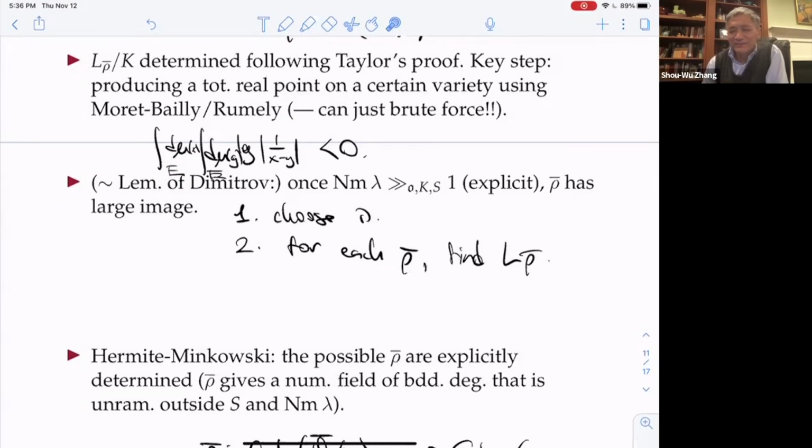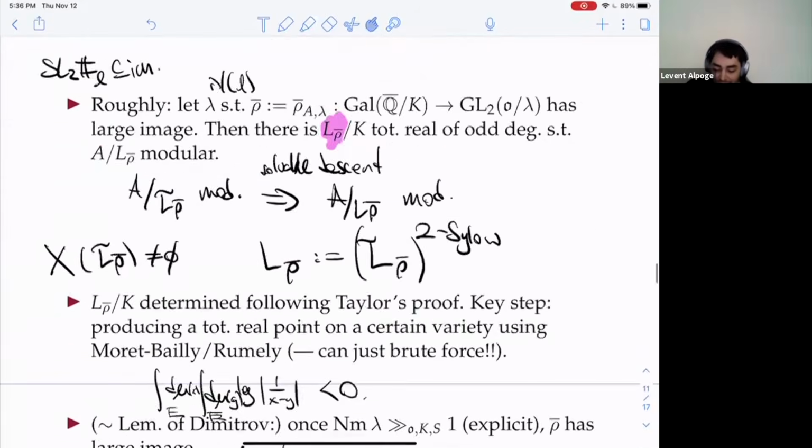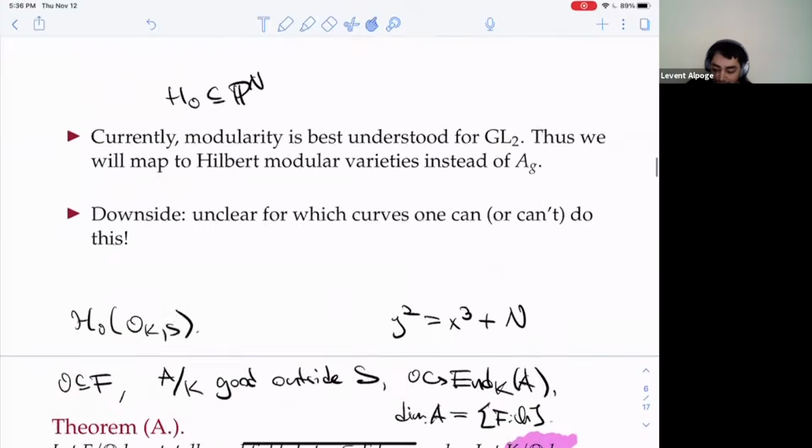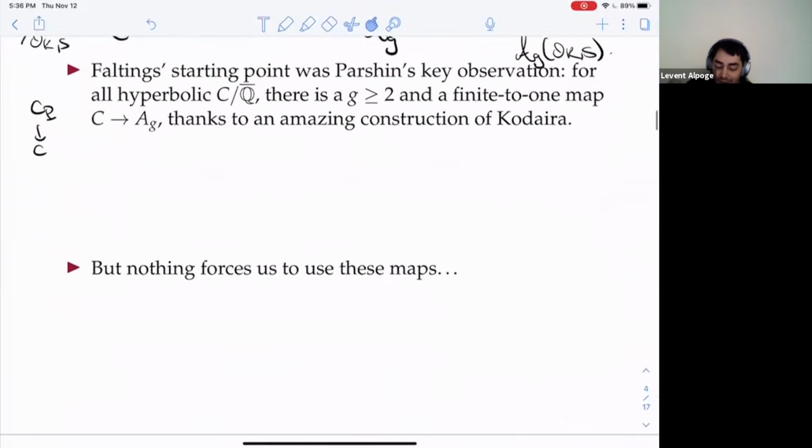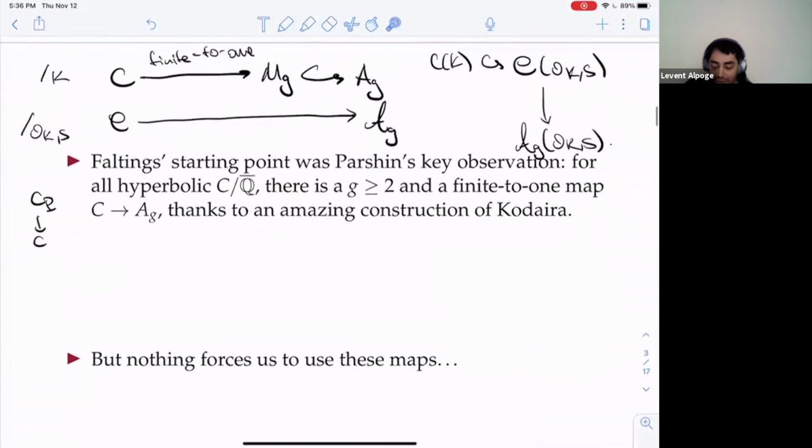Actually, I should have said this during the talk. I want to take a moment, because on the internet it seemed like there was a little bit of confusion about this. What we're used to when we're talking about effectivity is that we can't determine the set itself, but we can at least give an effective upper bound on the size of the set. But Faltings' proof of the Shafarevich conjecture does not even give an upper bound on the size of this set.